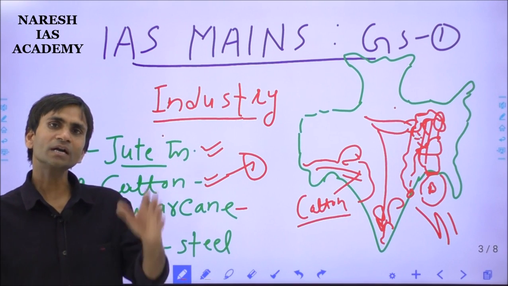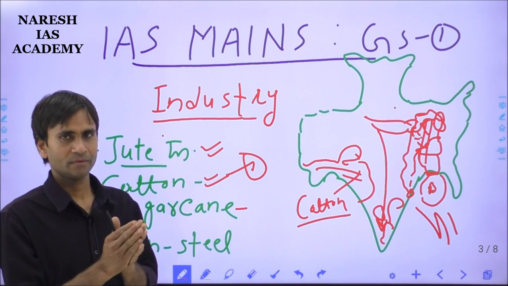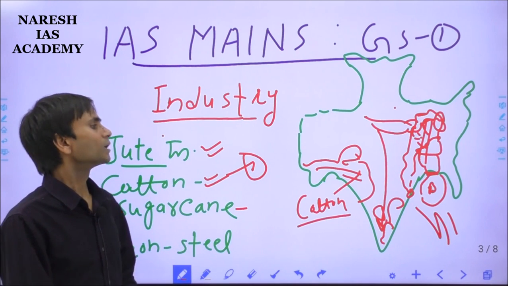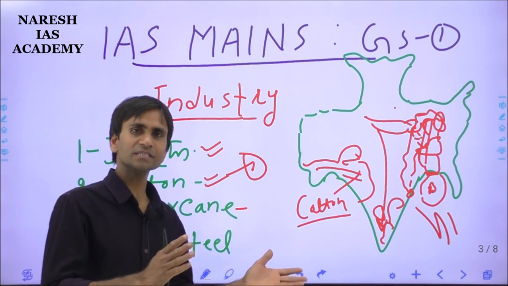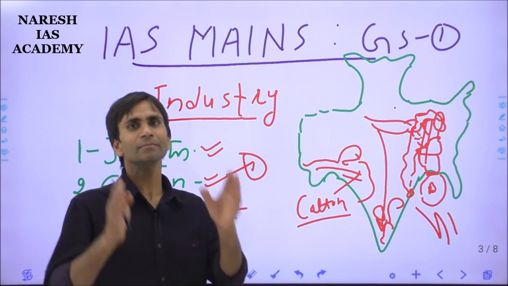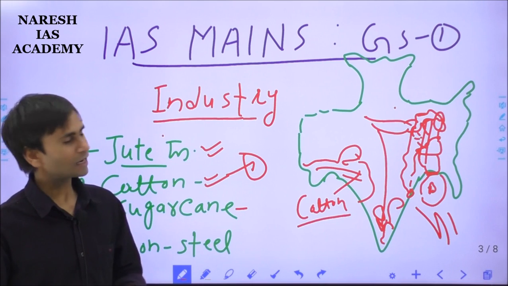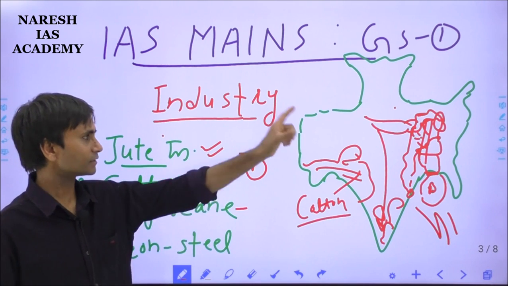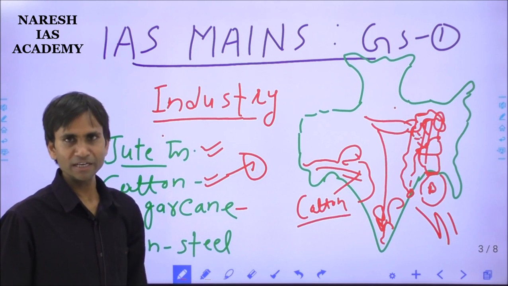So what are the factors pushing the industry to the south? There are some geographical and technical factors. Geographical factors, mainly the climatic factors. The climate of the south is not as warm as North India.